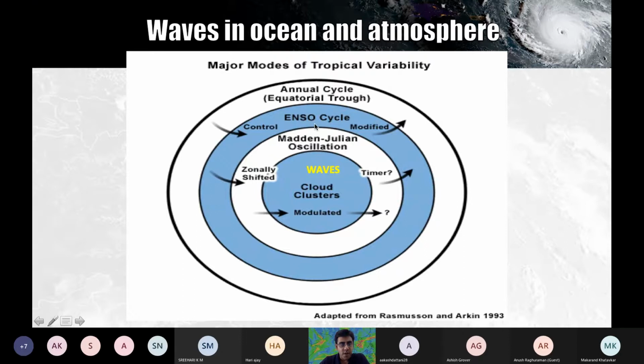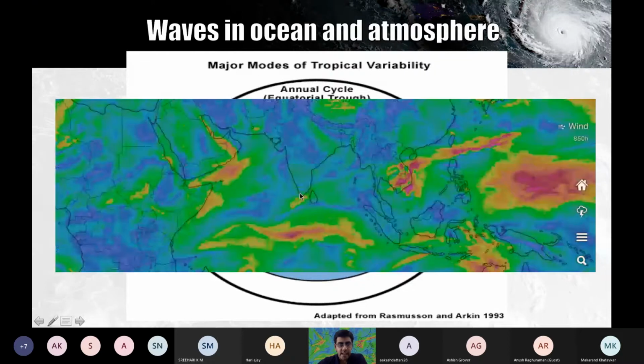If the ENSO cycle is neutral and if the MJO is not active, then the waves alone can play a role in formation of clouds. Okay, because they are the process by which energy is transferred from one place to the other. So they can solely transfer energy from one place to the other, and they can lead to the formation of a system which can dump rains. Okay, so this is the importance of waves.